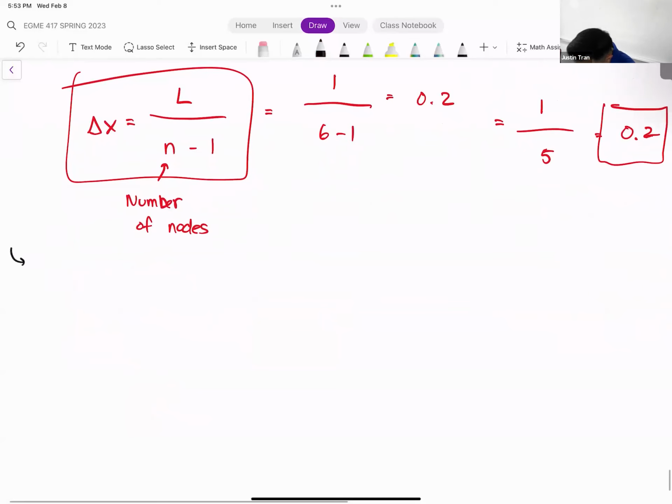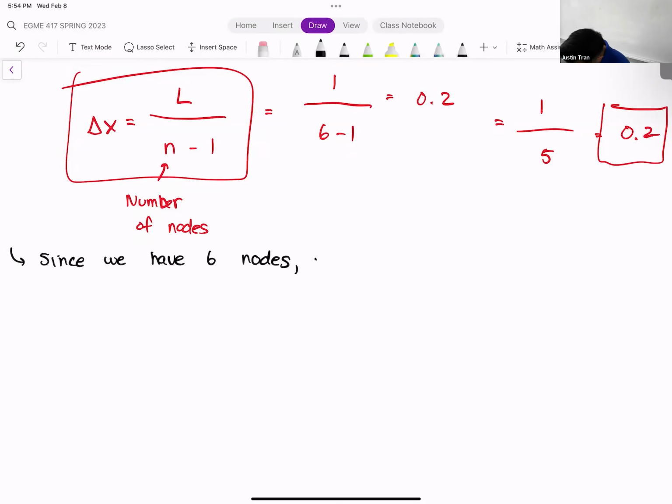All right, so now we need to apply finite differences. We want to find the finite difference solution. Since we have 6 nodes in this system, remember our goal is to solve for the solution value at each of those 6 nodes.